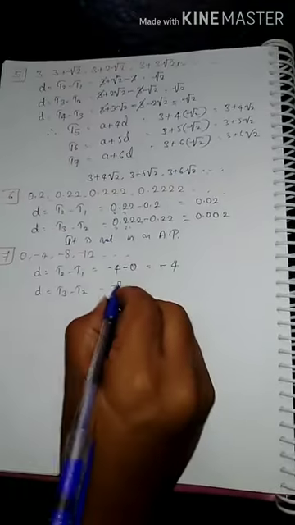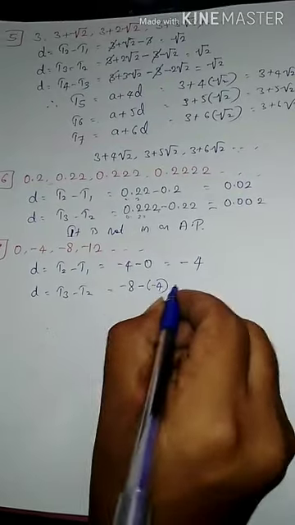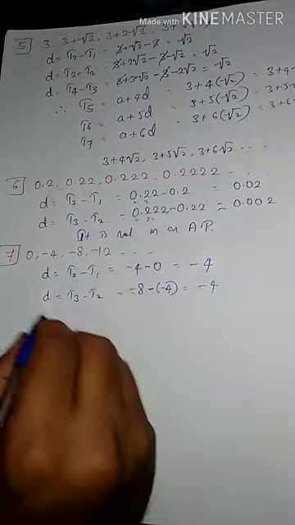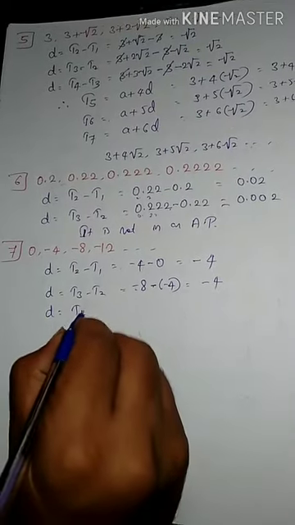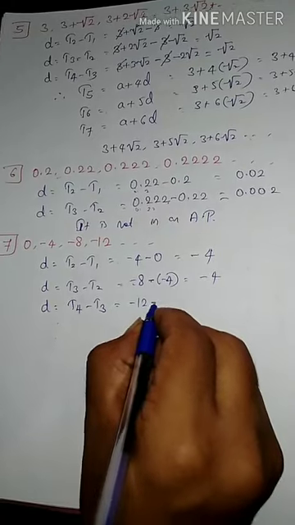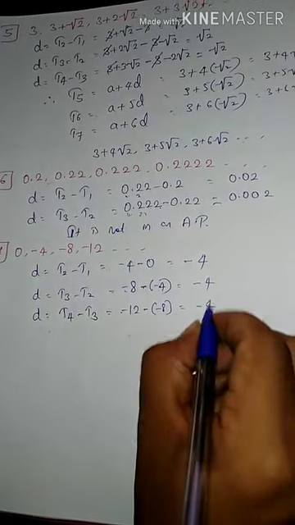T3 is -8 and T2 is -4, so -8 plus 4 is -4. And D is equal to T4 minus T3, which is -12 minus of -8, that is -12 plus 8, which is -4.